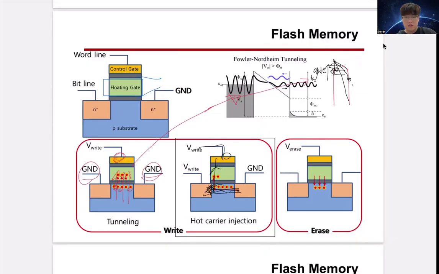So in this area there will be hot carriers. The electrons with high energy can go through to the floating gate. So we can write the data by these two types of methods.